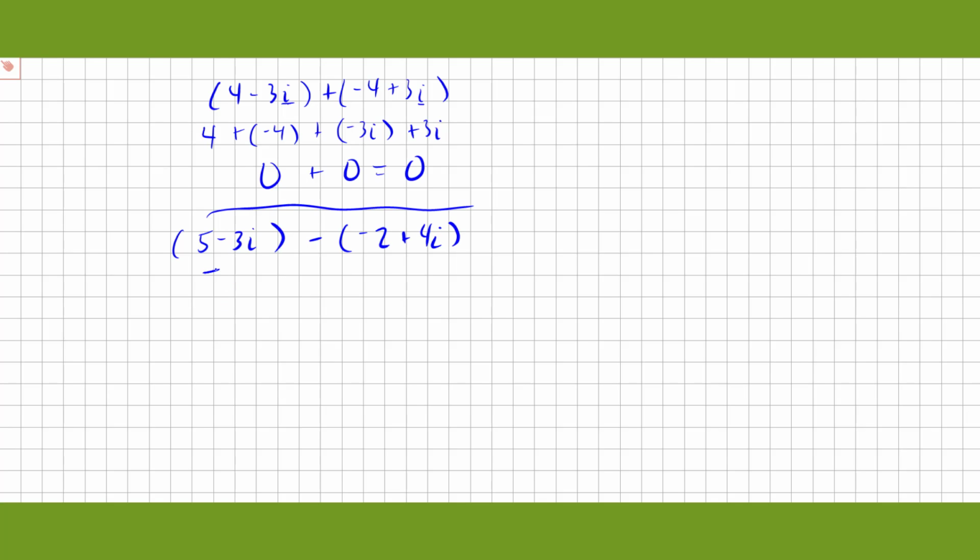We've got 5 minus 3i first, minus, so if I've got negative and negative, I'm going to make that a plus, and then negative and a positive, minus 4i. Now I've got 5 plus 2 minus 3i minus 4i. I can combine these, so 5 plus 2 is 7. Negative 3i plus negative 4i, that's negative 7i. So I've simplified that to 7 minus 7i.